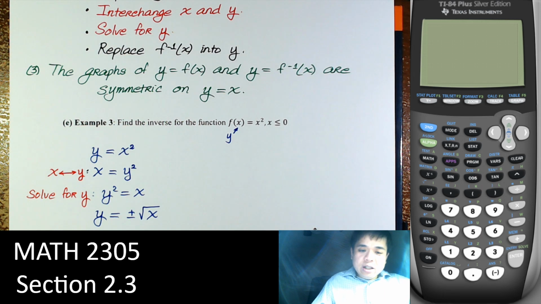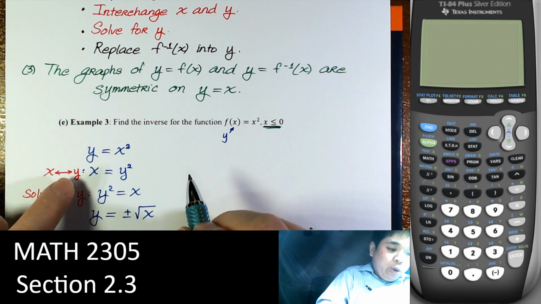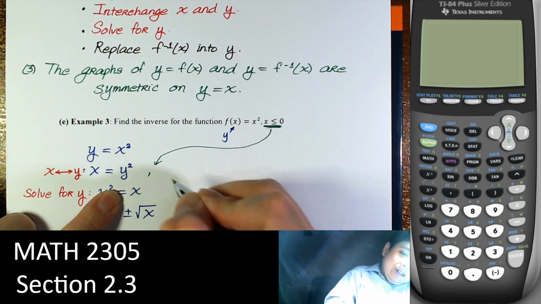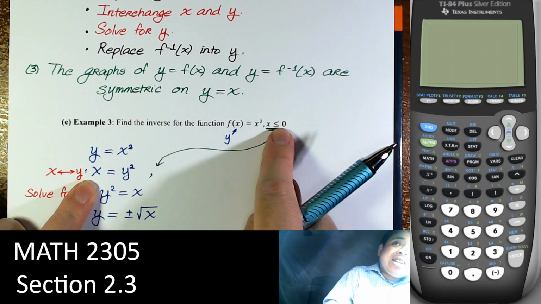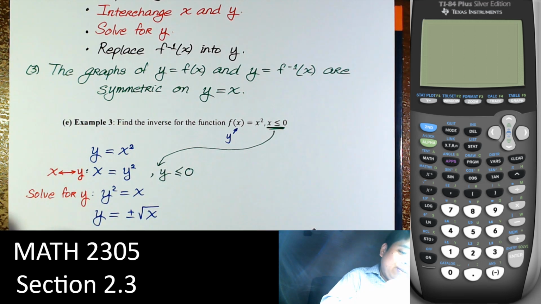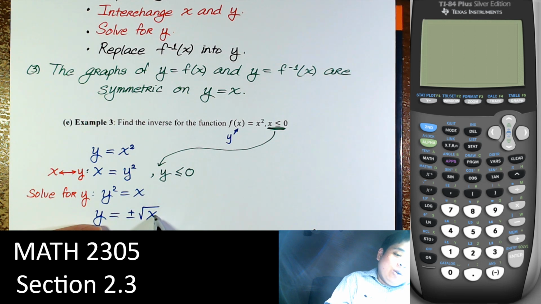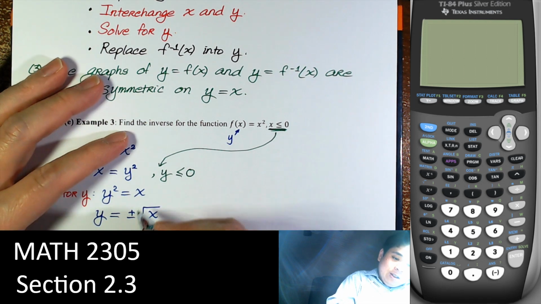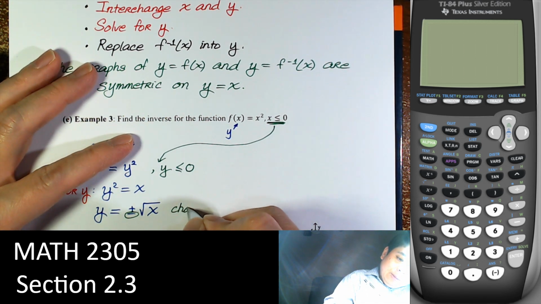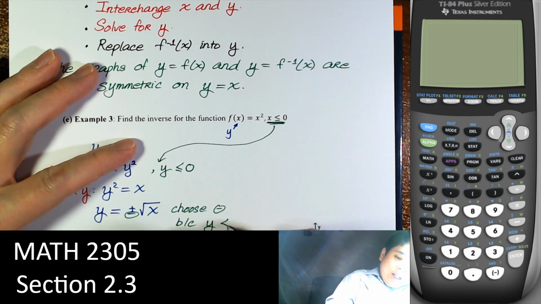Notice that we do have the condition x less than or equal to 0. When we interchange x and y, remember we have to do that to the condition as well. So x less than or equal to 0 now turns into y less than or equal to 0. Now if y is less than or equal to 0, we can only choose the negative.